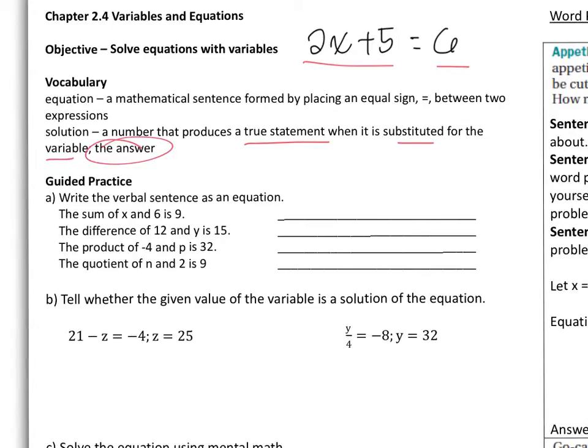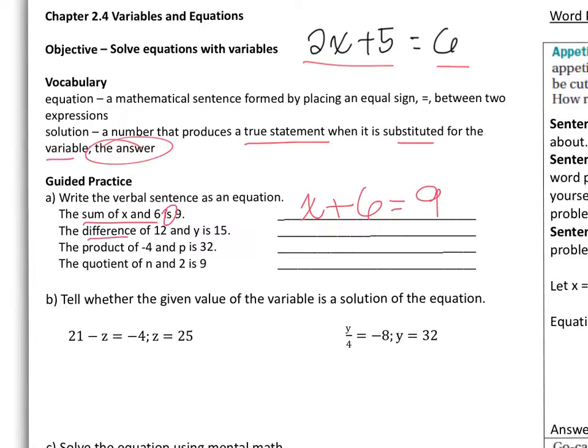Guided practice, part A. Write the verbal sentence as an equation. The sum of x and 6 is 9. So we know one side of the expression should be x plus 6, and then the equal sign, and then 9.